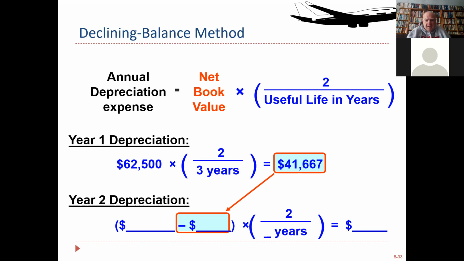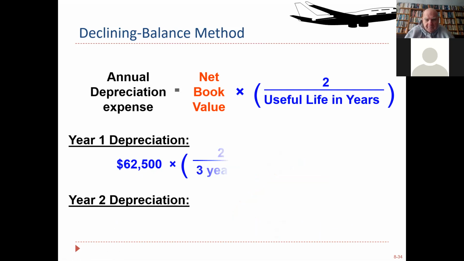So look at the impact of this. The first year's depreciation is not 20,000, it's $41,667. The reason is we're using double declining balance. We're using 2/3 here, plus we're depreciating the higher number. So of course, the first year, we're going to see a big hit there, okay?